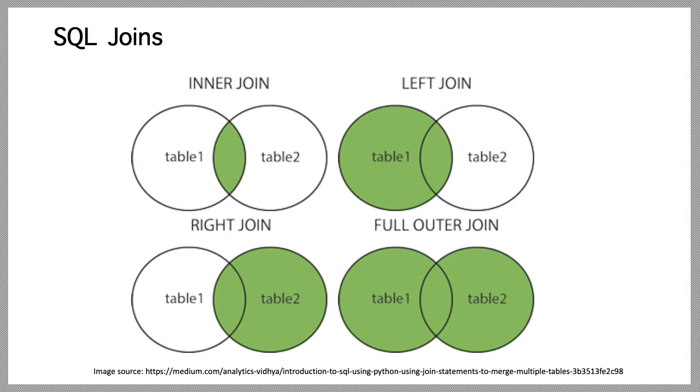Databases are often made up of multiple tables, and we frequently need data from more than one table. We want to see it together. We want to collate it to be able to contextualize it and be able to make sense of it. So let's talk about SQL joins.